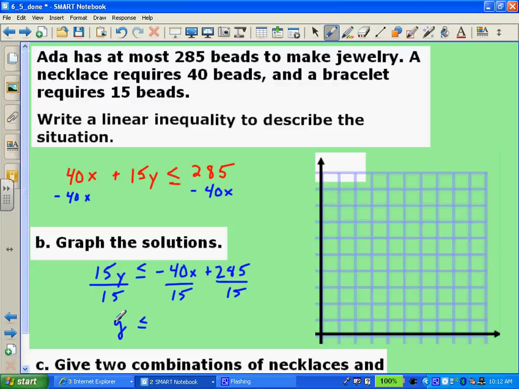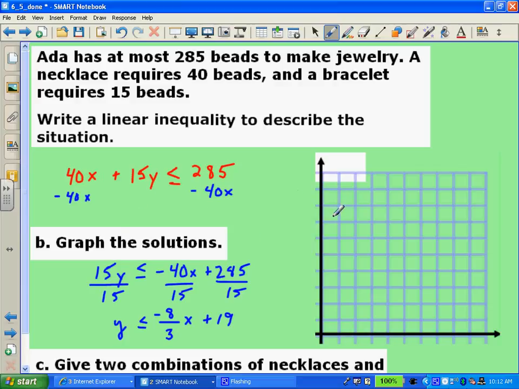So then I have y is less than or equal to, this isn't even, but I can reduce it by taking a 5 out, so that'd be negative 8 over 3 x, and then 285 divided by 15 is 19. Okay, so now I can graph it.